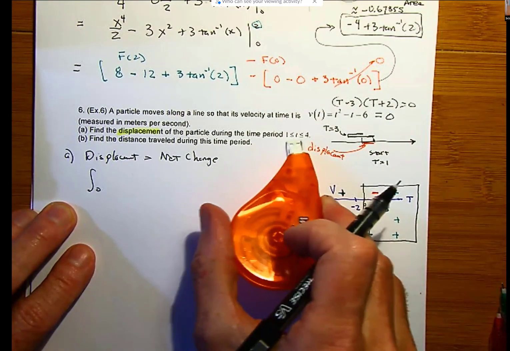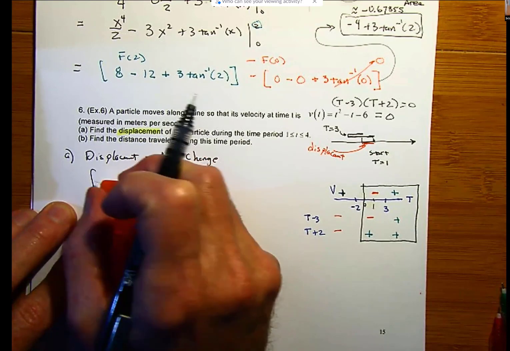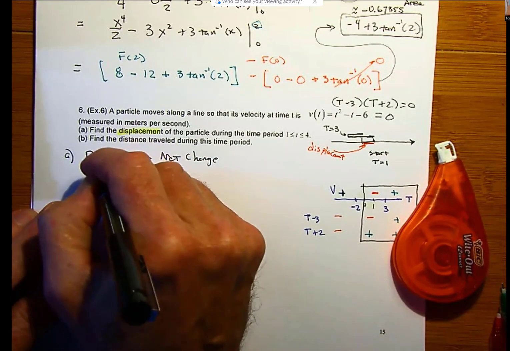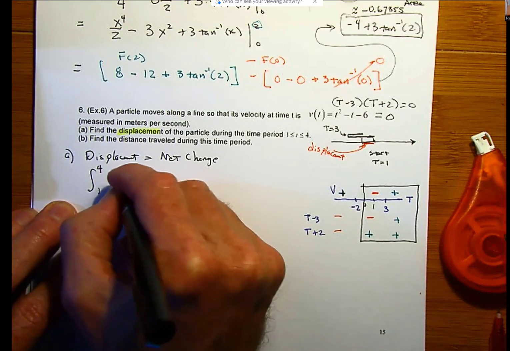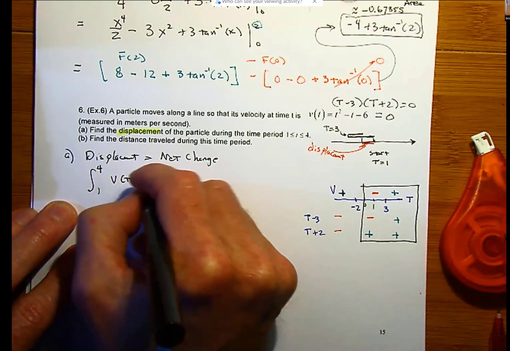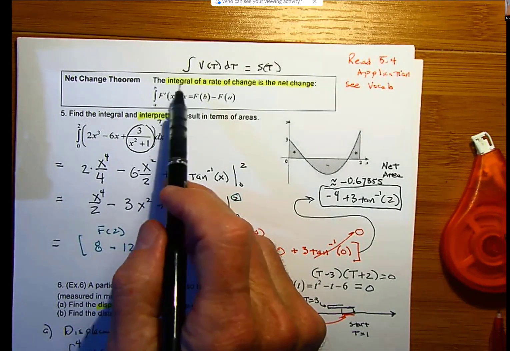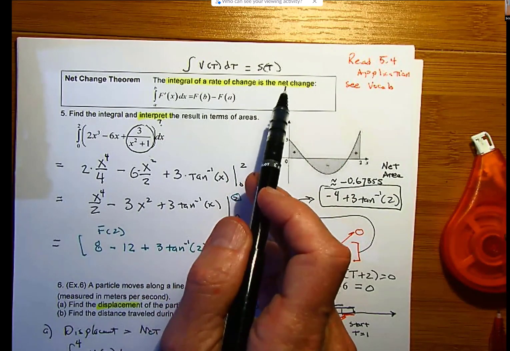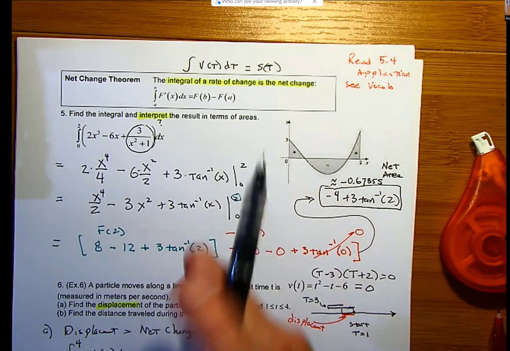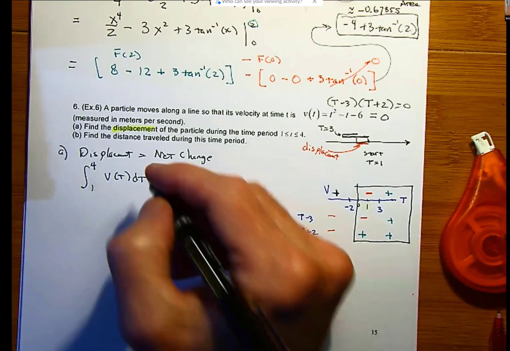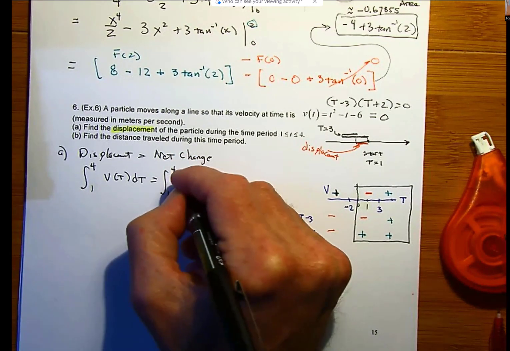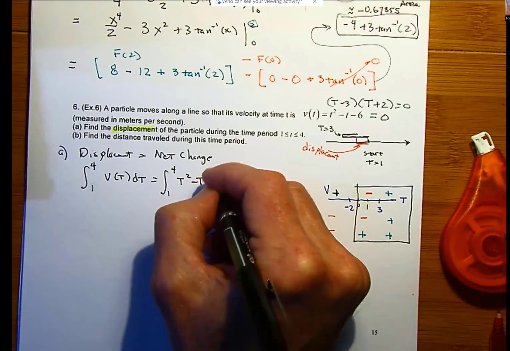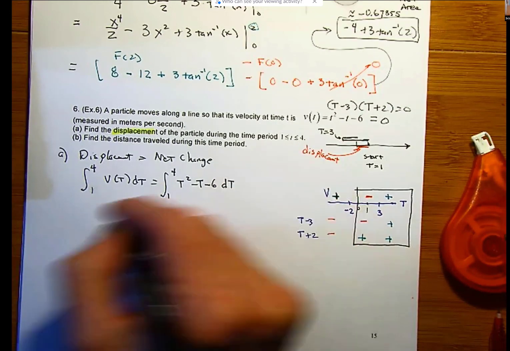We're doing this domain here, 1 to 4 of the velocity. And if you integrate the rate of change, you get the net change of position. That's what we're doing. So this equals the integral from 1 to 4 of t squared minus t minus 6 dt.